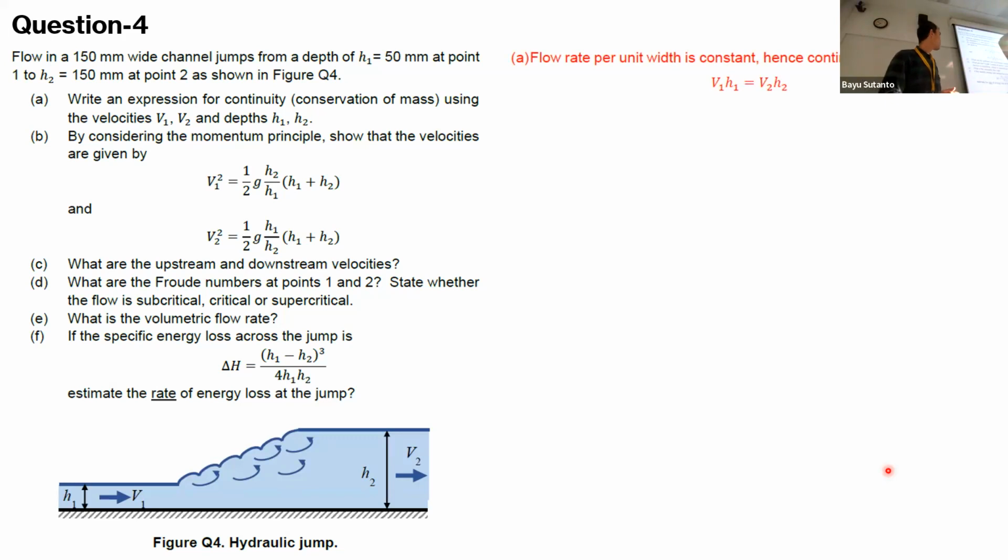For part 1, we need to derive the expression for continuity. So basically we have mass flow rate in must be equal to mass flow rate out, because this is steady condition, so rho V A equals rho V A. Because this is incompressible flow, rho 1 must be equal to rho 2.